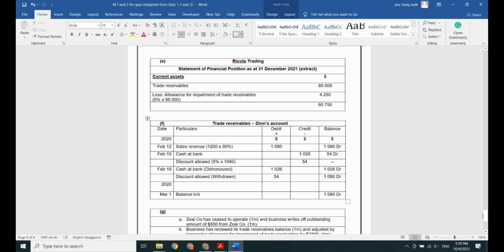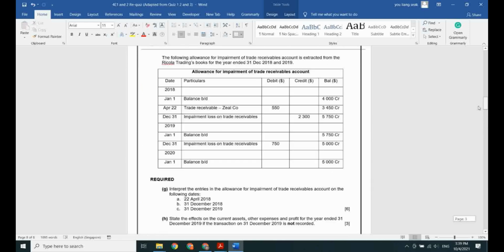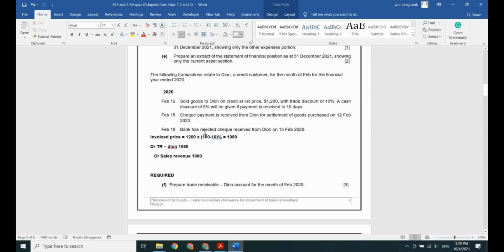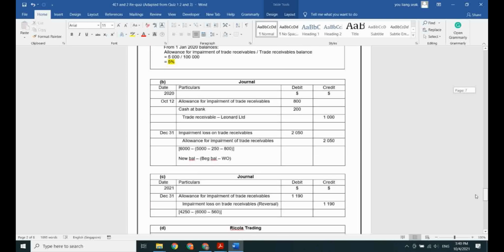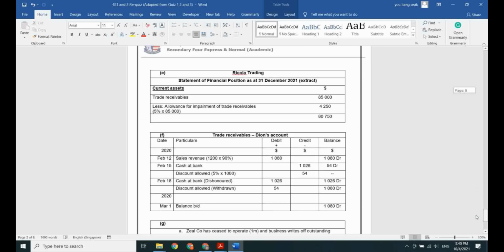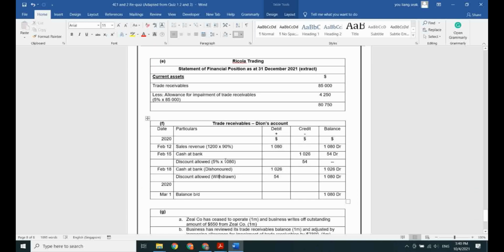However, for February 18, something else happened, right? On February 18, the bank has actually informed us that this check from Dion is rejected. So on 18 February, as we look back to the answer, what we have to do is rather simple. We just have to reverse whatever we have done on 15th of February on the payment.